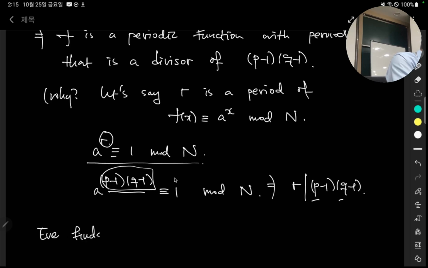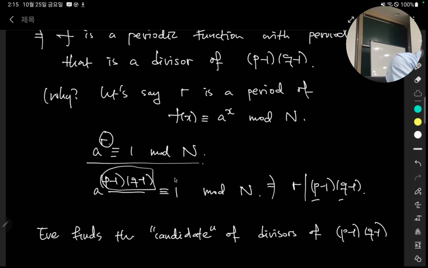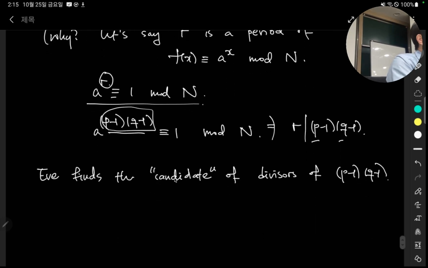So Eve finds the candidates of divisors of p minus 1 times q minus 1. Okay, he doesn't know what p and q are, so what he only knows is a divisor that is some unknown number, and he tries to make up the possible combinations of getting this p minus 1 times q minus 1.